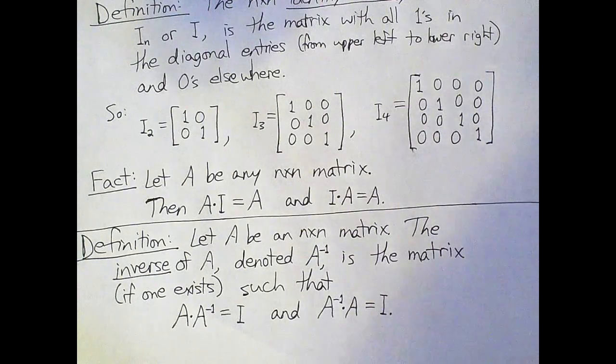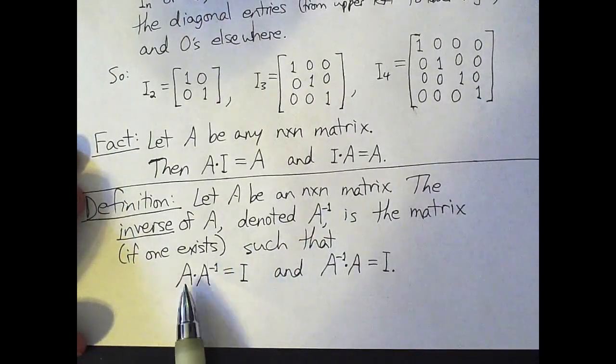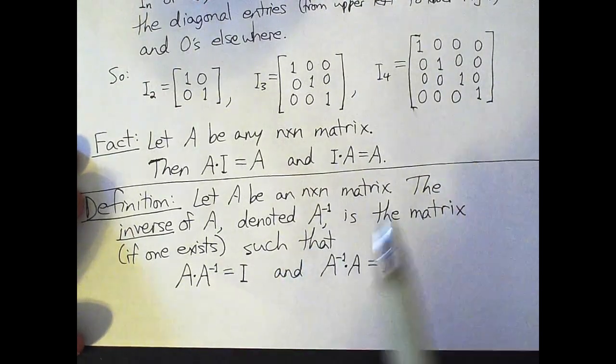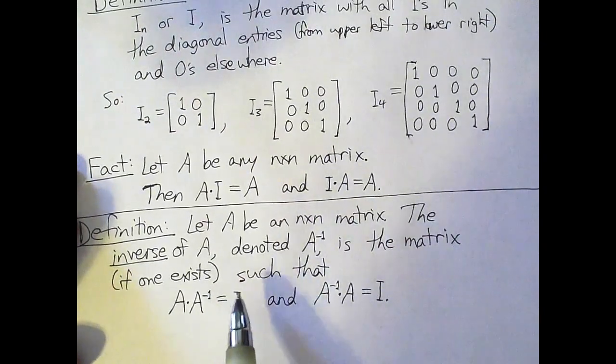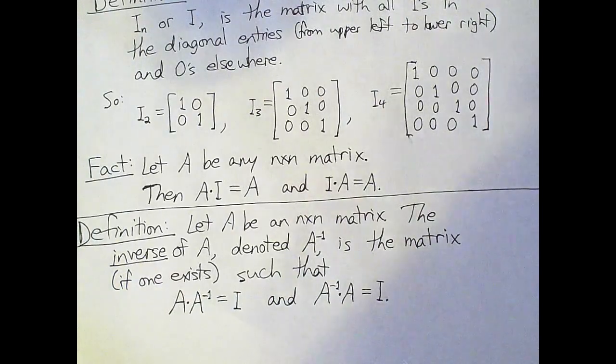Yes, it would be 1/5. 5 times 1/5 is 1. 1/5 times 5 is also 1. That's not exactly what we're doing here, but we're doing the matrix version of that. A times something equals, not really 1, but the identity matrix kind of serves that role for matrices. So maybe you can see why it's called the inverse.